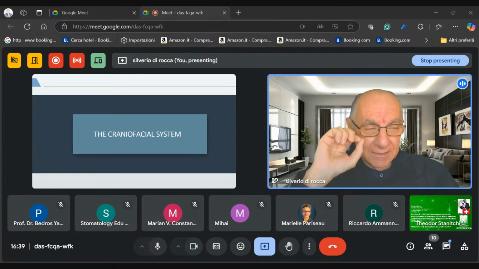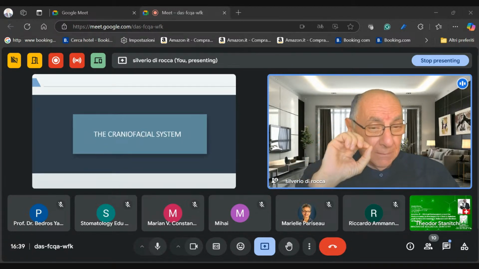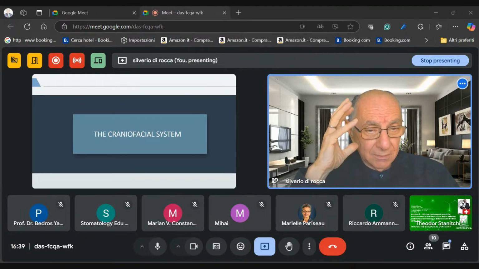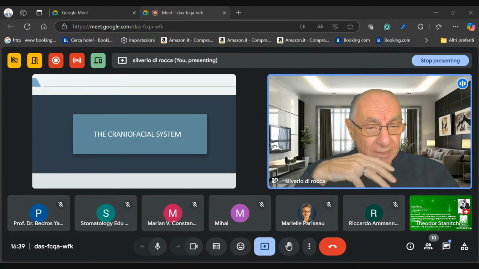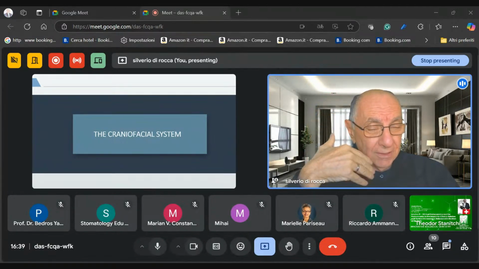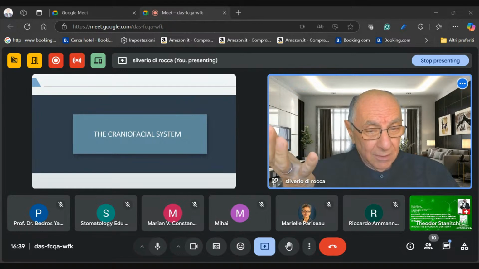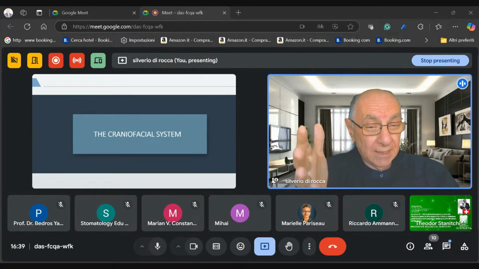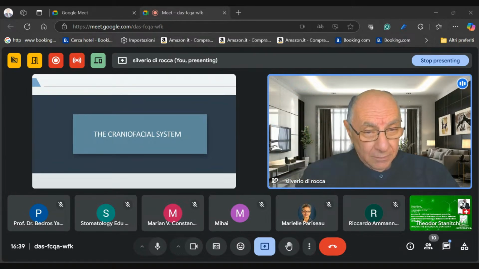Craniofacial system. TMJ is temporomandibular joint. Temporalis is part of the cranium, and the jaw is part of the face. We are connected. And this joint is connected with the cranium, with the neck, and with the rest of the body.